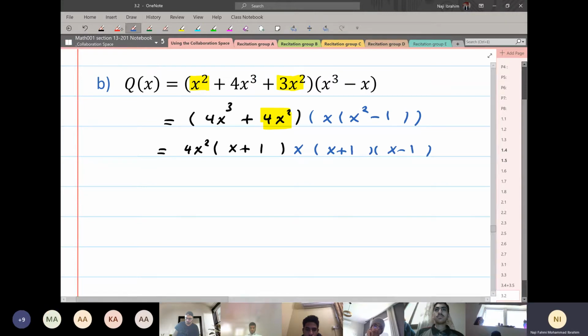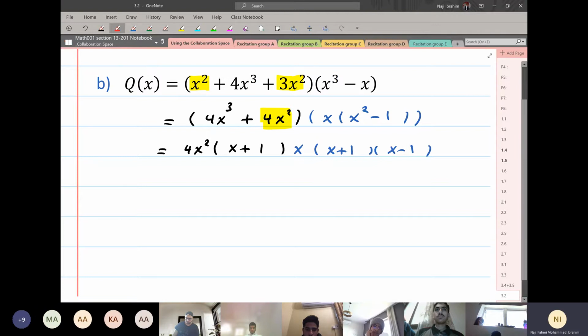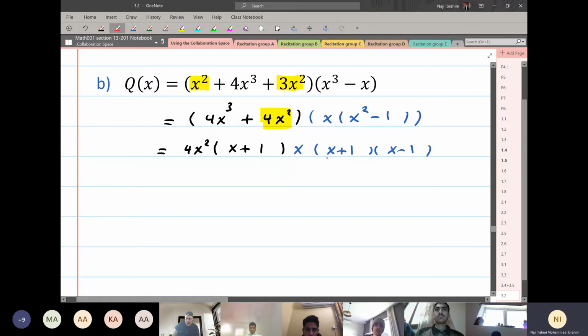Now, do you see x plus 1 repeated 2 times or not? Yes. So I have to write this as one factor. And how do I write this? X plus 1 to power what? 2. To power 2. In the same way, do you see x squared and x?